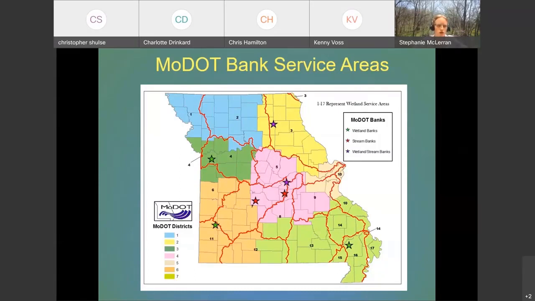We actually have some stream banks also, but the stars show where there's different types of mitigation banks, and those red lines on the map show the boundaries of the watershed. So if you have a project that takes place within the same area as where a bank is located, you'd be able to use that bank. Of course, the final say is by the Corps, but typically you'd be able to use that bank for mitigation for your project if mitigation is needed.